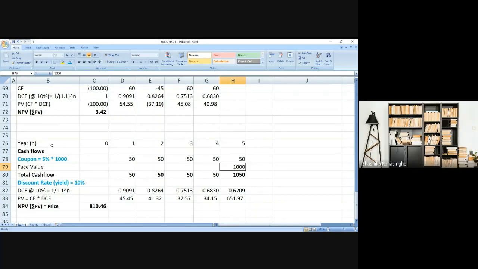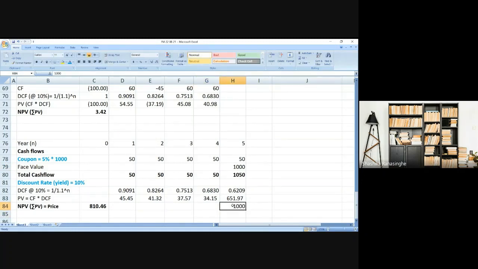Yeah, but actually, the coupon is also part of your return, right? So what forms your total return? Now look at the price of this bond, 810. Meaning today you're investing 810. And when the bond matures, you're getting 1,000.